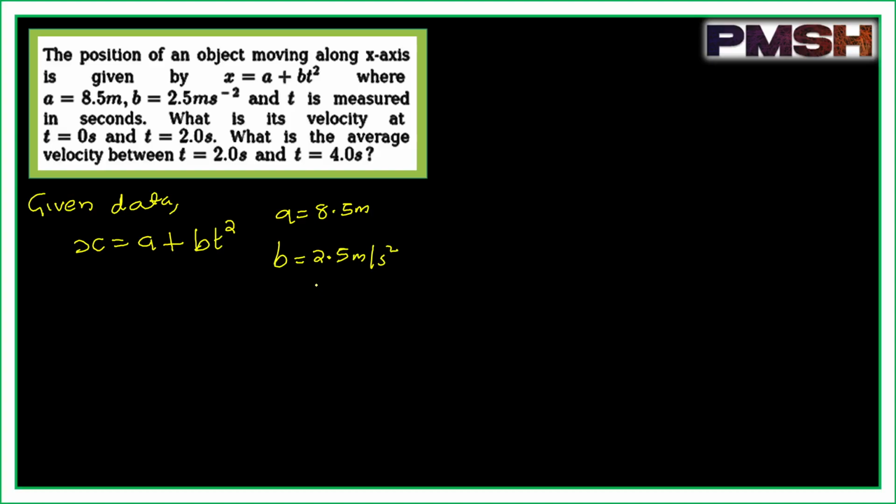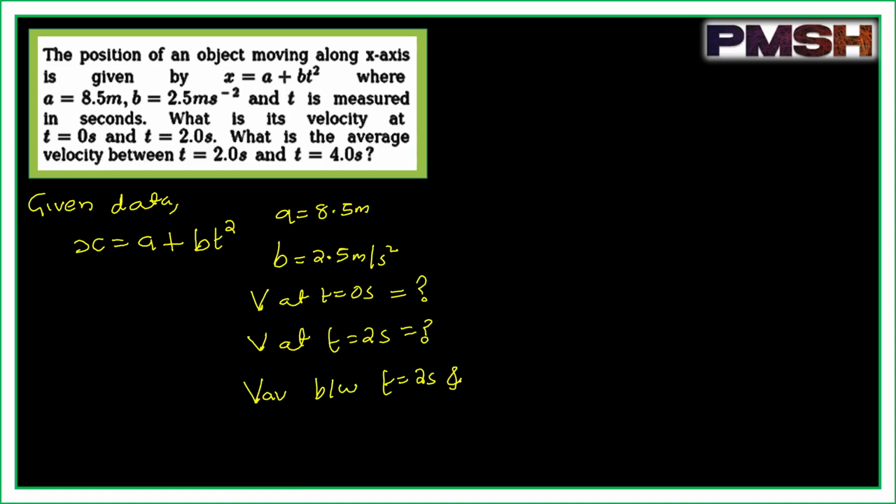Now you want to find the velocity at t is equal to 0 seconds, the velocity at t is equal to 2 seconds. This is the question mark. And also you have to find v average. V average means average velocity between t equal to 2 second and t is equal to 4 second. So these are what we have to find. So here is a summary of the question.